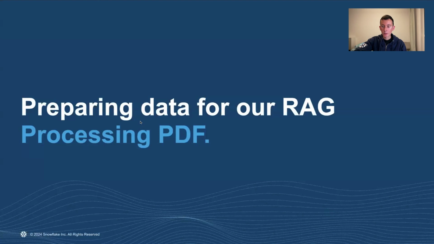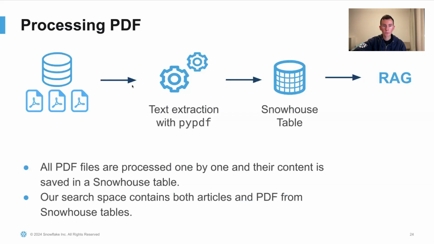And finally, let me talk to you about how we process PDFs in our RAG chatbots. All the PDFs are stored in a Snowhouse stage. And I set up a pipeline that also runs daily that extracts the text from all the PDFs using the Python package called PyPDF. This extracted text is saved in a Snowhouse table.